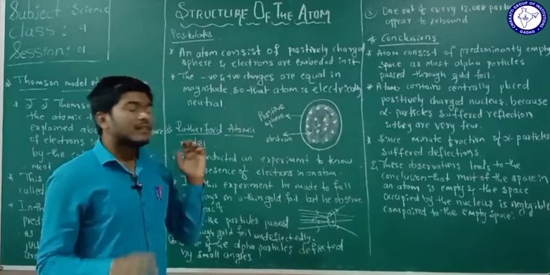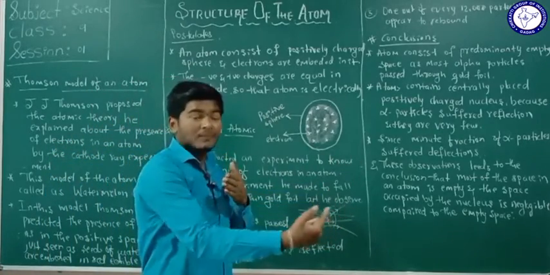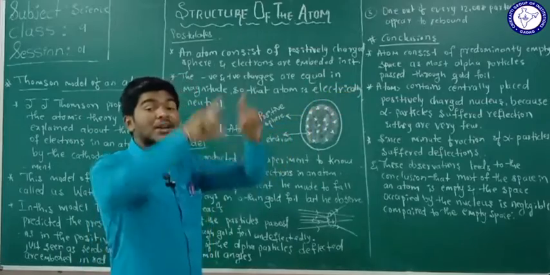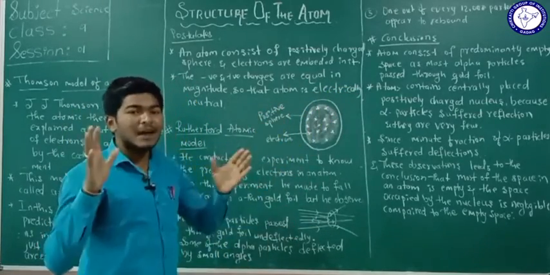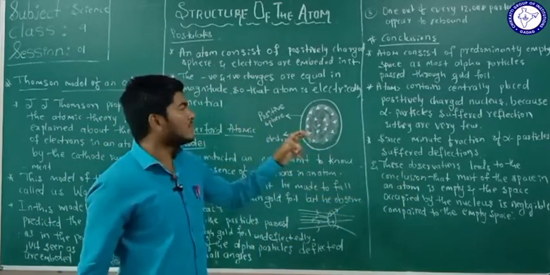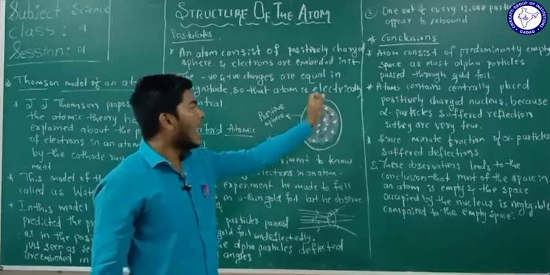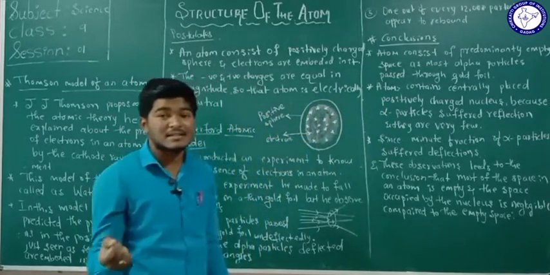That's why most of the alpha particles pass through the gold foil. And the second conclusion: atoms contain a centrally placed, positively charged nucleus.